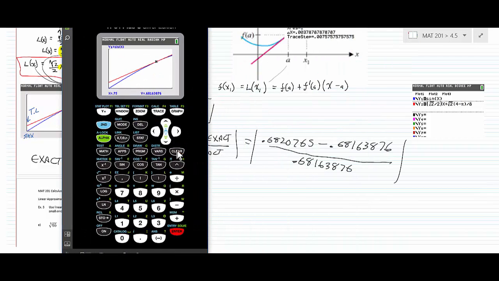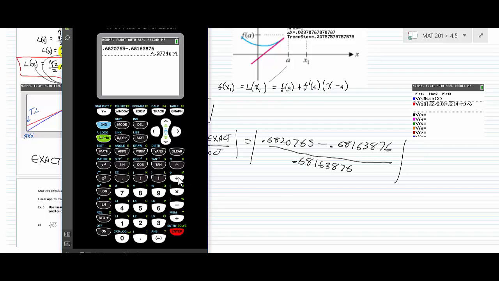So I'll do that kind of like this. I'll do the estimate, 0.68206765, subtract the exact, 0.68163876. Hopefully I got that right.